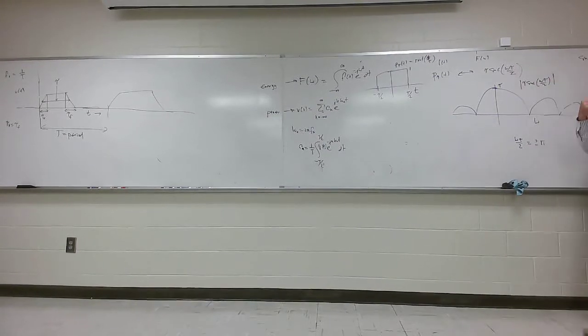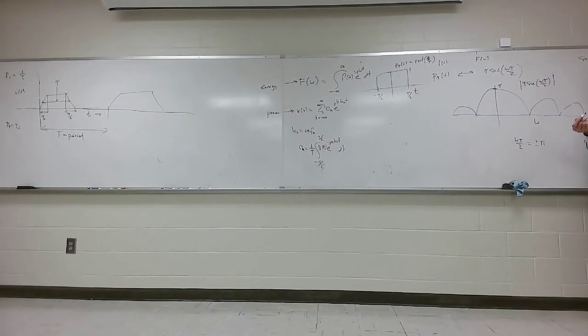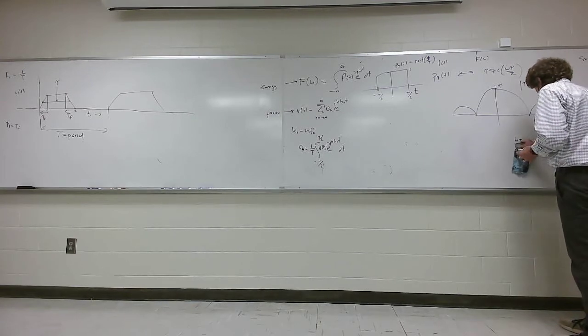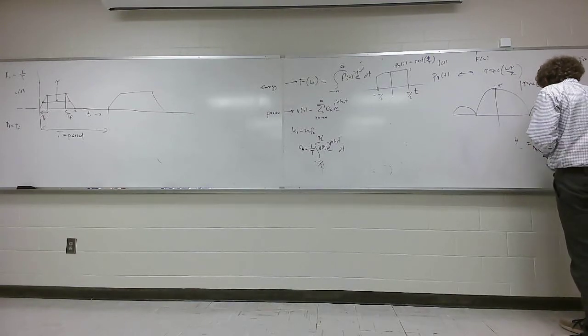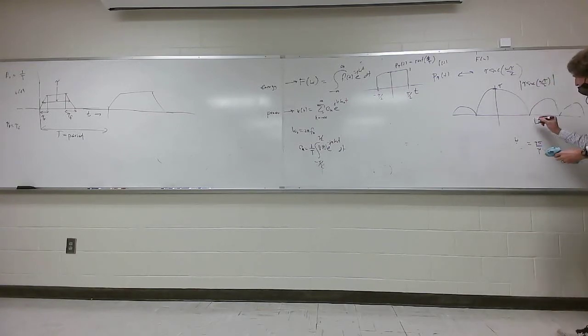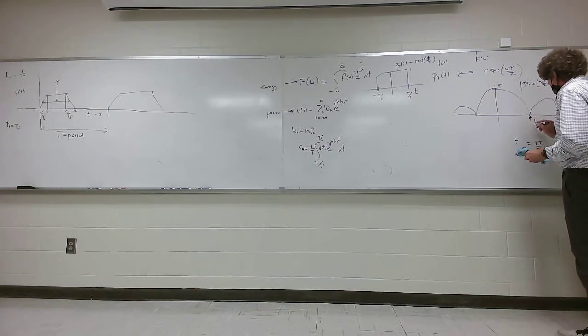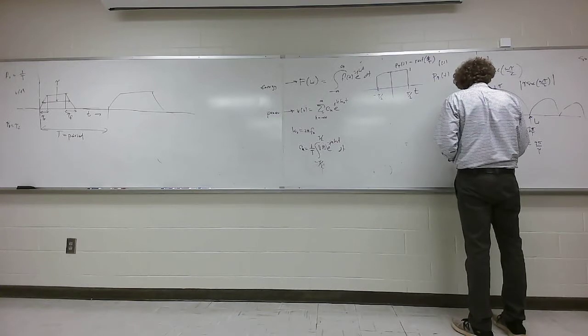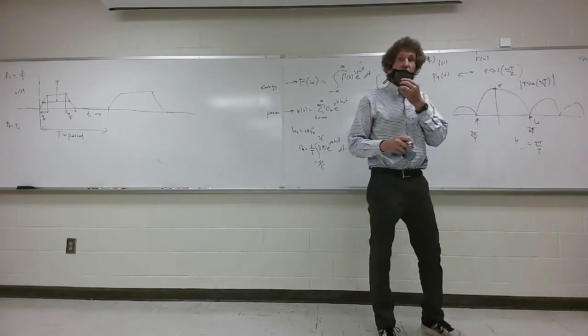You follow the rationale for doing this? So if you do that, what do you get? Well, I'm going to take just the positive because I know this is an even function. So I get 2 pi over tau. It's going to be the first 0 here. And this 0 is 2 pi over tau as well. Y'all with me? And that's in the omega domain.